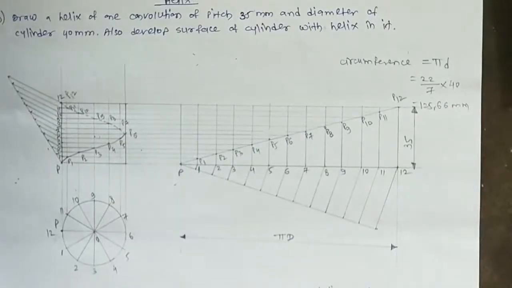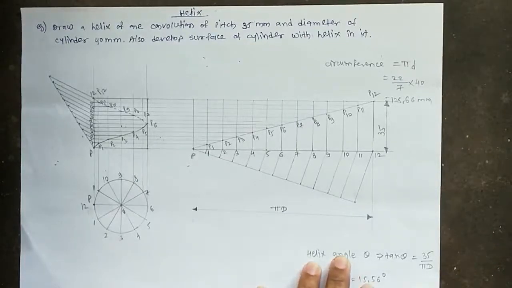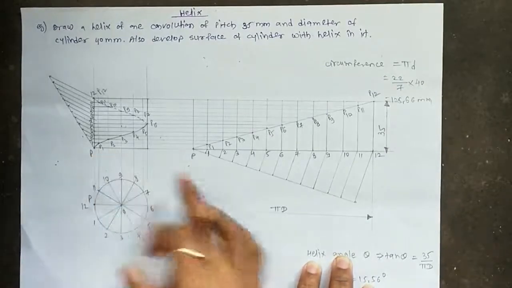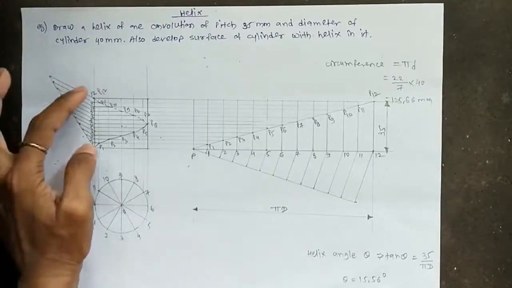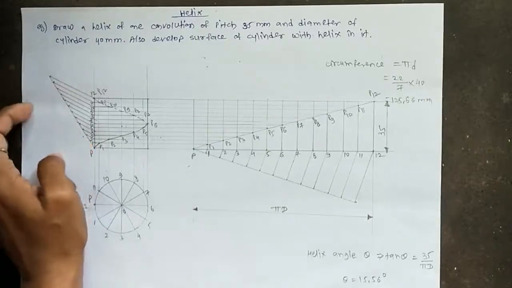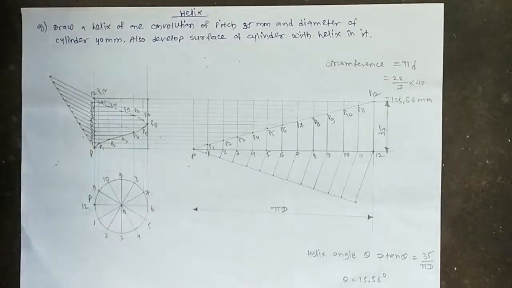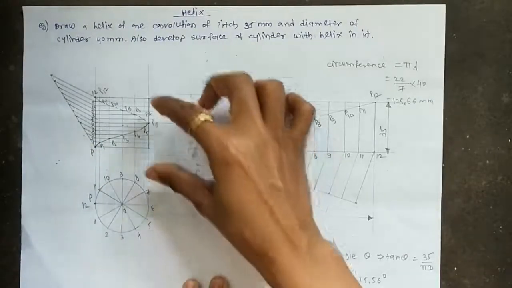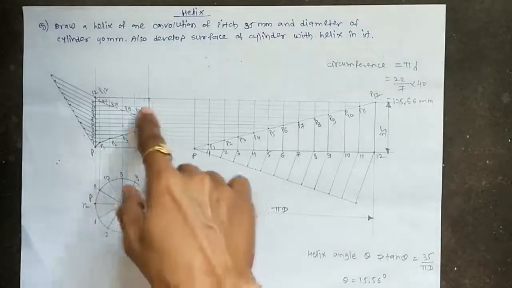So this is the complete method to draw. Now we will see what is a helix. A helix is a curve generated by a point which moves along the surface of a right circular cylinder or cone in such a way that its axial advance is uniform with its movement around the surface of the cylinder or cone, and pitch is nothing but the axial advance of the point during one complete revolution.